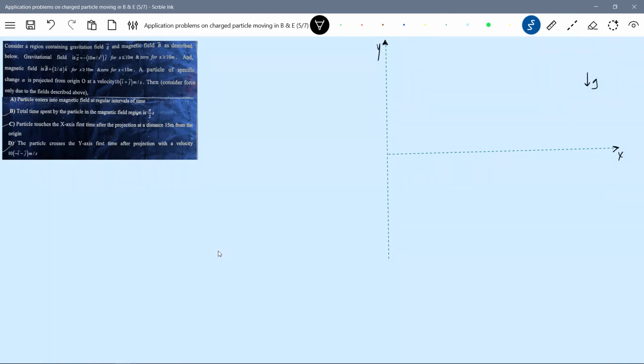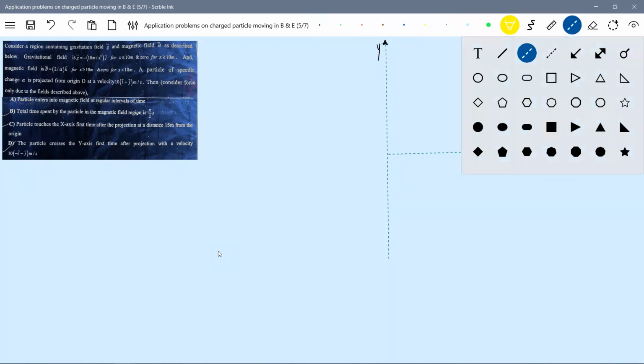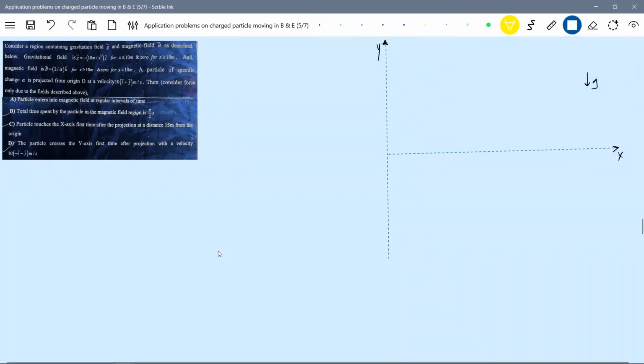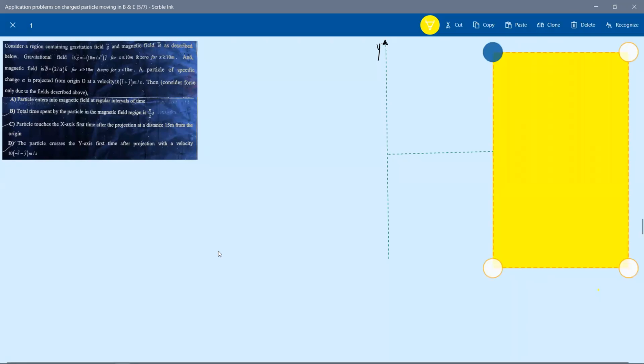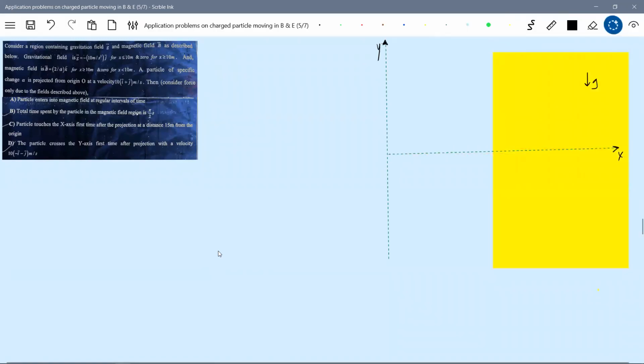B bar for x greater than 10 and 0 for x less than 10. It is present only after a certain region, so we will bring a strip. Let's have a condition like this. So this is x equal to 10 meters.